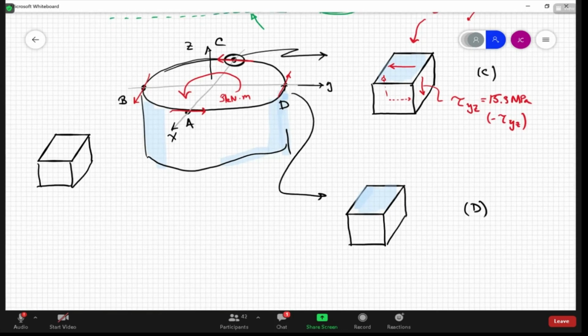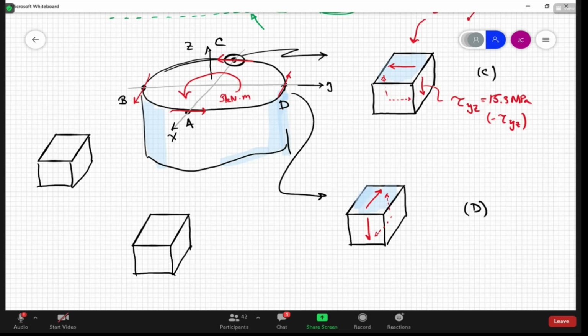That's right. So it's going to act in this direction, correct? And so yes, it's going to have its friend acting in that direction and then the couple pair going like that, correct? So what type of shear stress is that? This is negative.